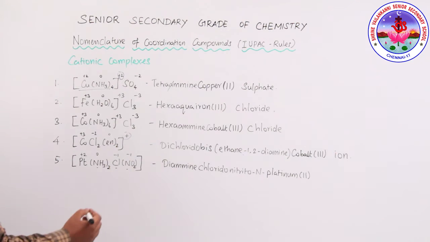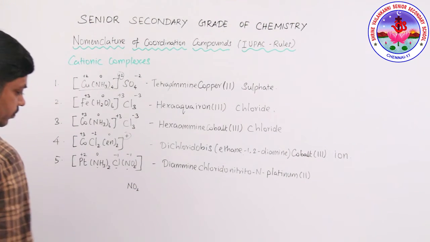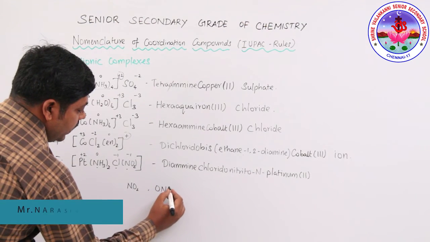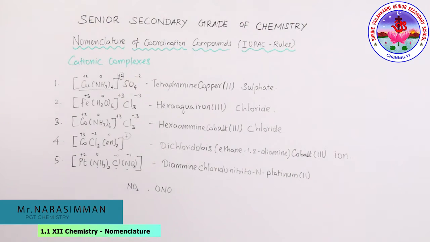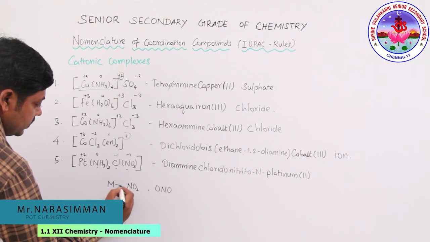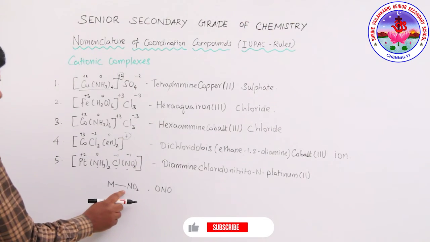There are 2 possibilities, NO2 and ONO. They are called ambidentate ligands. Here the metal approaches the nitrogen coordination.